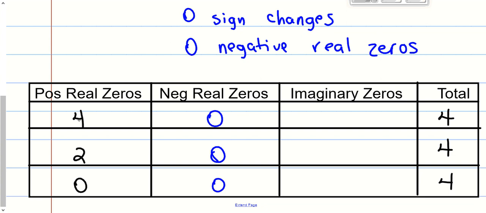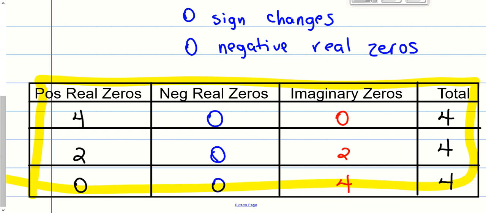So if I have 4 positive, 0 negative, and a total of 4, that leaves me with no imaginary. If I have 2 positive, 0 negative, and a total of 4, I've got 2 left over that can be imaginary. And if I have 0 positive and 0 negative, all 4 of them are going to be imaginary. And once again, this entire table is your answer for that problem.